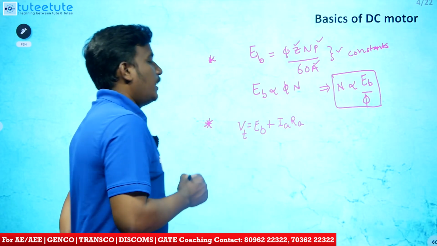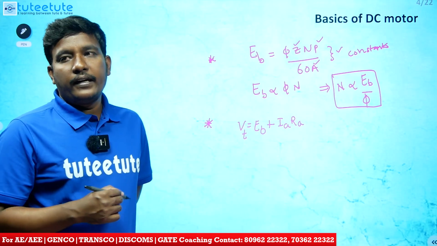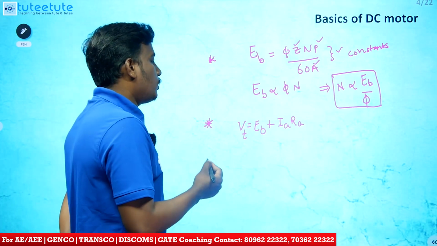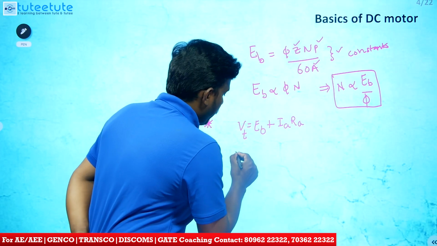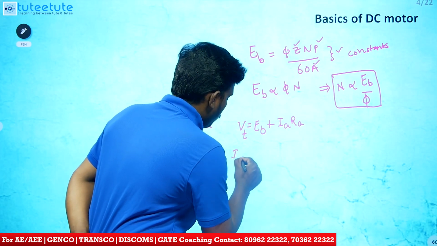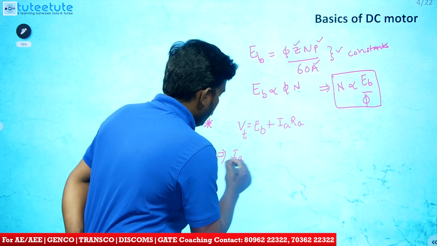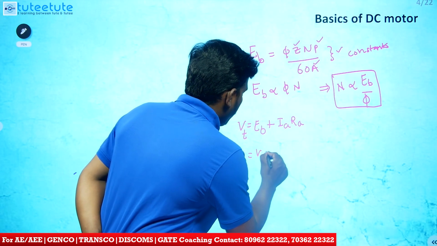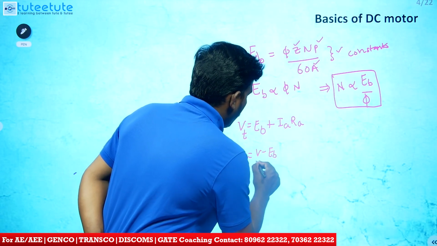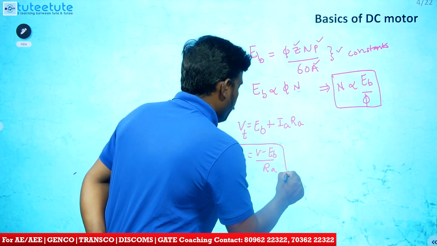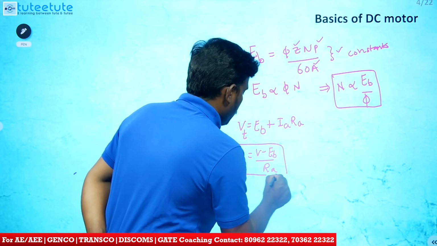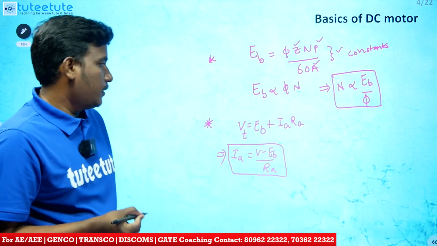The general equation for a DC motor is Vt equal to EB plus IARA. From this you can write IA is equal to V minus EB by RA. This is important for our analysis.